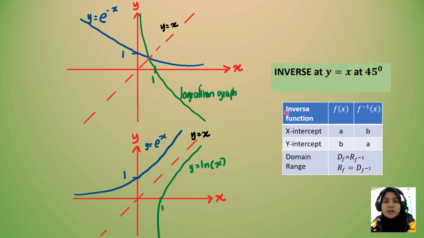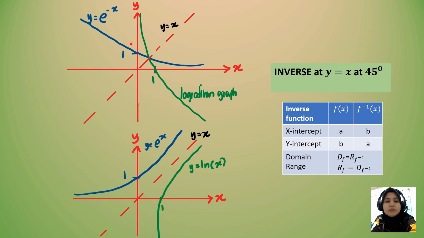Actually, the function f(x) and f inverse have relations with each other. Okay, for example, the x-intercept of the original function is actually the y-intercept of the inverse function. Okay, for example here, the y-intercept of the graph above is 1.